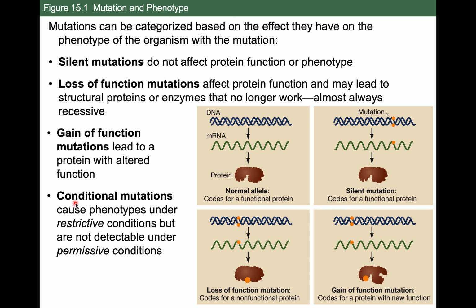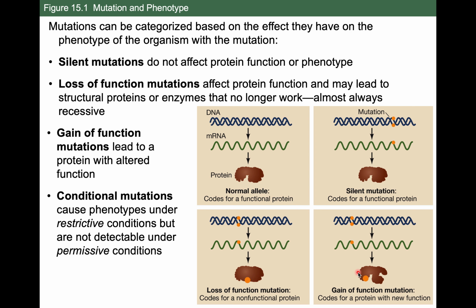The last group I wanted to mention, and these are even rarer than gain of function mutations, are what are called conditional mutations. And this would be a situation where you've changed the protein, but only under certain conditions, certain environmental conditions.